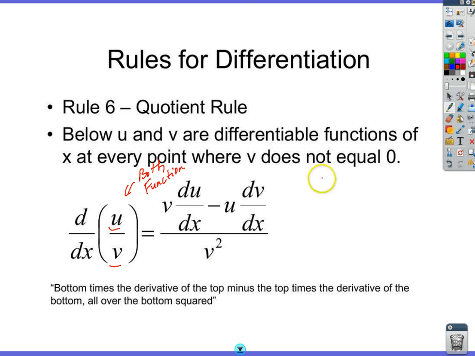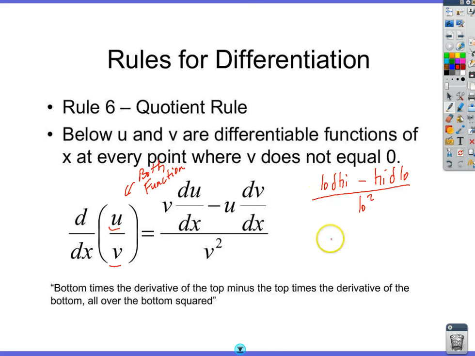I'll go, well, it's low d-high minus high d-low, all over low squared. You say, wait, these have nothing to do with each other. Well, it kind of does. Look, low.